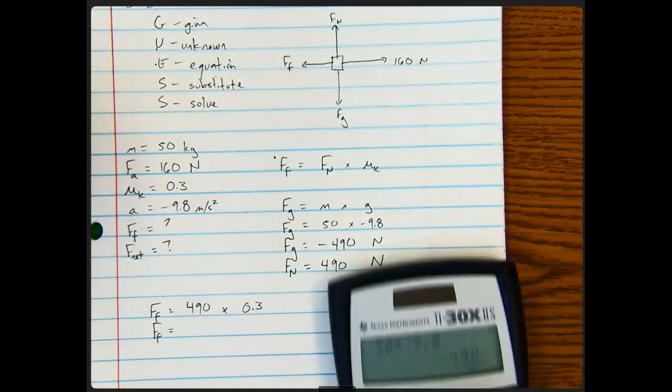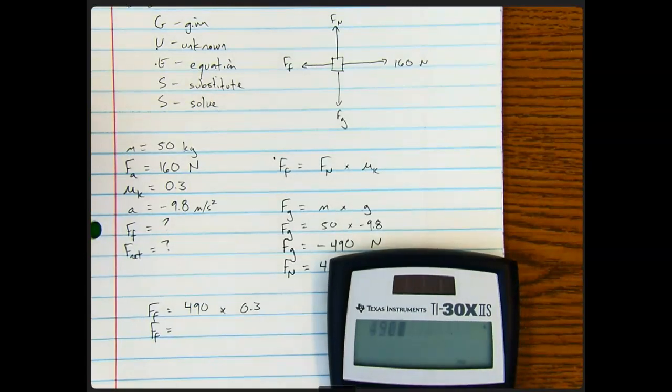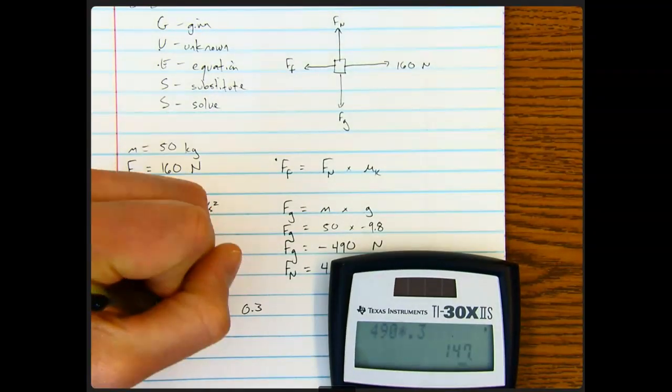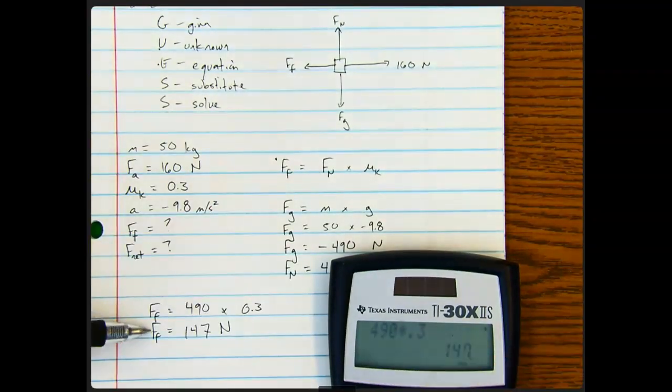If I do that in the calculator, I get 147. So this is one of the numbers I was missing. I'm halfway done in terms of getting the answers I needed. I'm more than halfway done in terms of how much work I've done, because now I only have a little bit more work to do to find the net force.